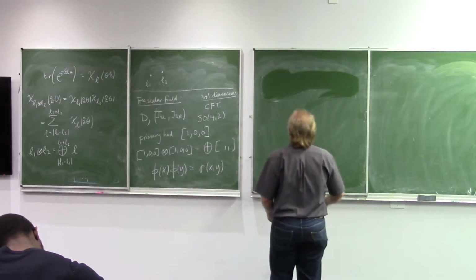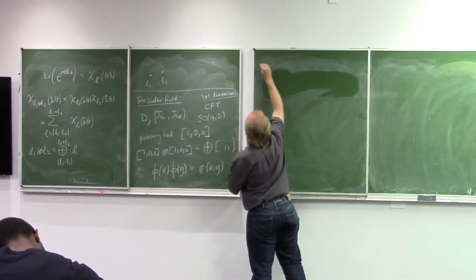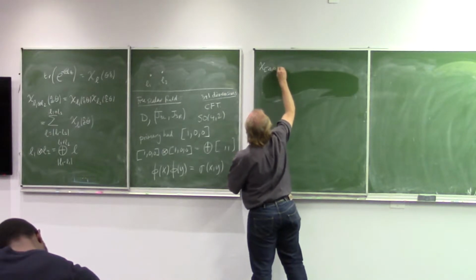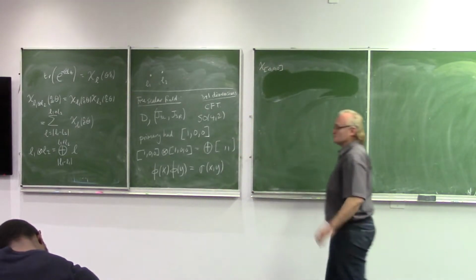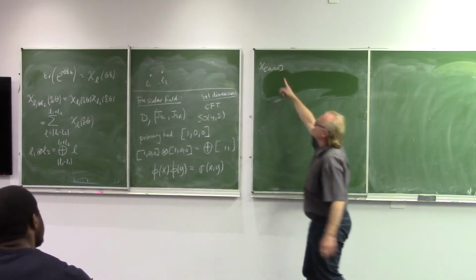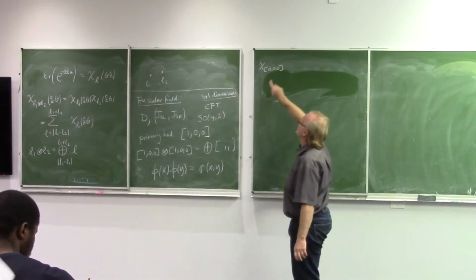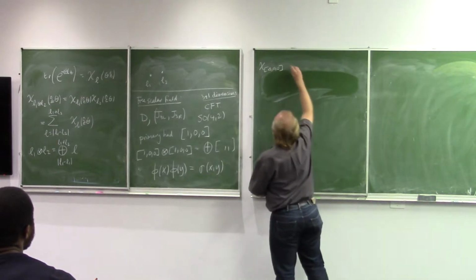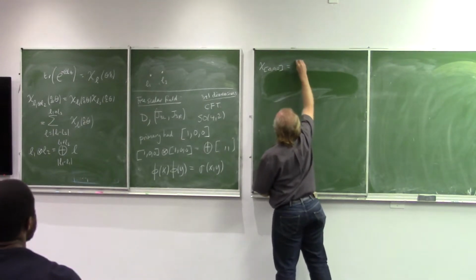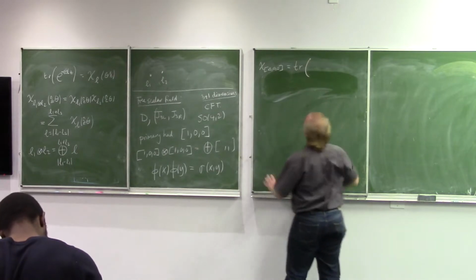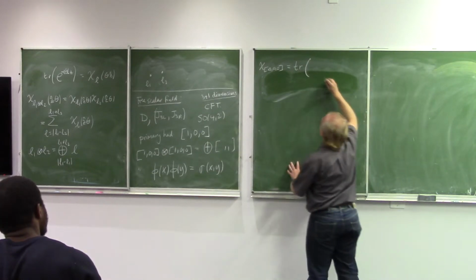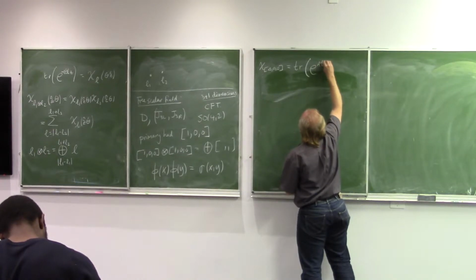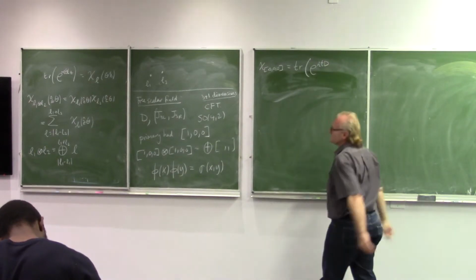So what we want to calculate now, let me still call it chi. I'm going to imagine a field of spin 0, that's all we're going to need for now, and of dimension delta. And this character will be a trace, and now we will have e to the i t times the dilatation operator.